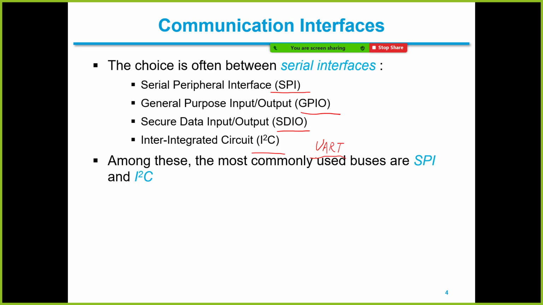UART is the universal asynchronous receiver transmitter. It's also a serial communication interface, and also a serial communication protocol. And among these serial communication interfaces, the most widely used ones are SPI and I2C.